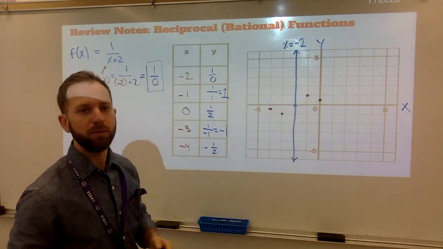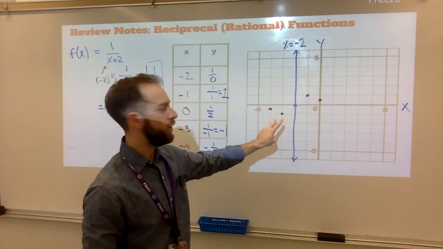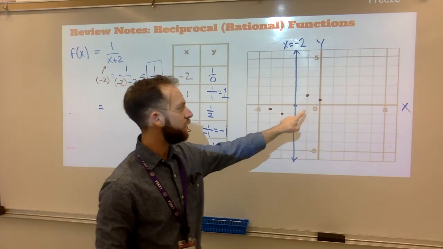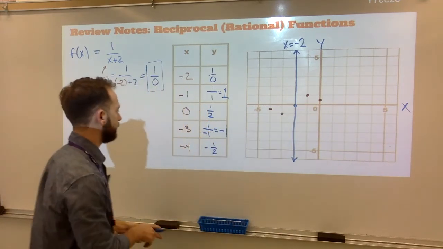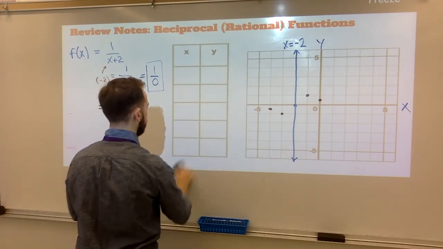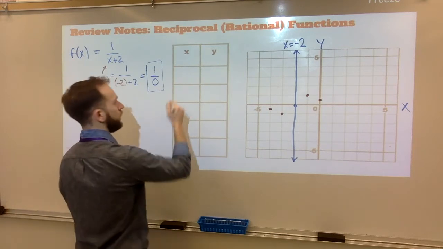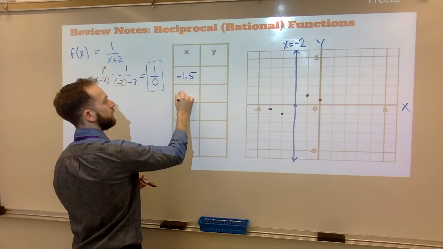Now, if we try a couple points a little bit closer to the asymptote, we'll see exactly what's happening. So let's try the points just a half a step away from the asymptote. Let's try negative 1.5 and negative 2.5.